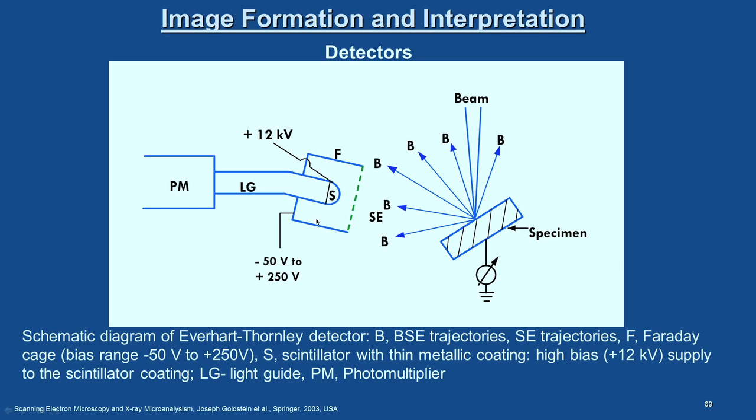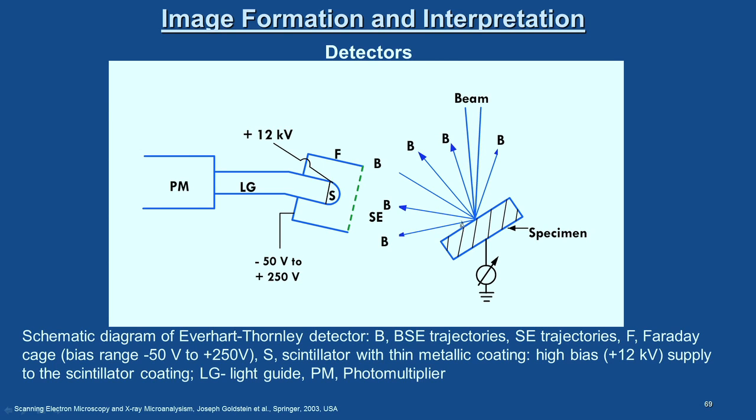As we have already seen, this is the Faraday cage and this is a scintillator, and it can be operated with bias voltages from minus 50 volts to plus 250 volts, depending upon what kind of signal we want to collect.